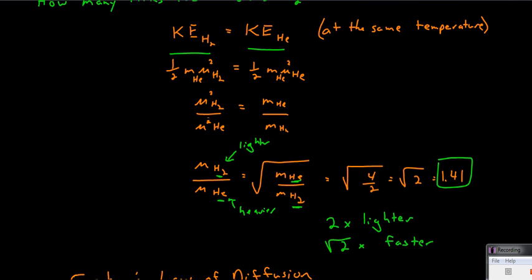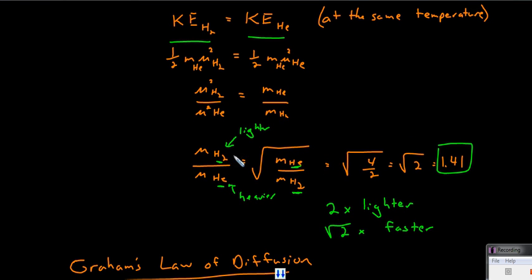Wait, does that make sense? Let's see. Hydrogen has a molar mass of 2 grams per mole, and helium has a molar mass of 4 grams per mole. Hydrogen is actually twice as light as helium, yet it doesn't travel twice as fast. It only travels the square root of twice as fast. If you're twice as light as something, you actually will travel the square root of twice as fast.